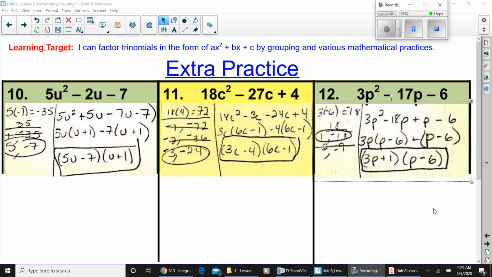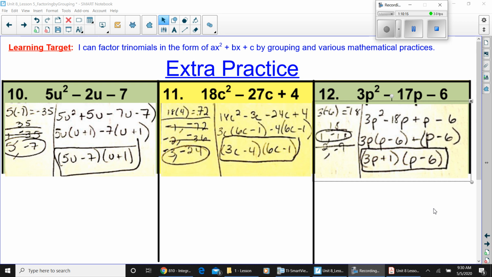Number 11, 18 times 4, a little bit more difficult with the 72, but 24 times 3 are the factors that you can make 27 if you add them up. All right, it's a negative and a negative. Just follow along and see if we can do that.